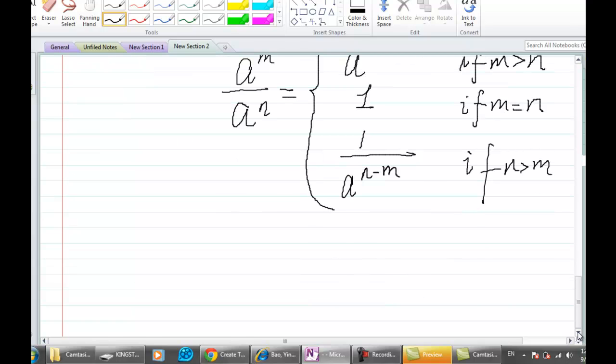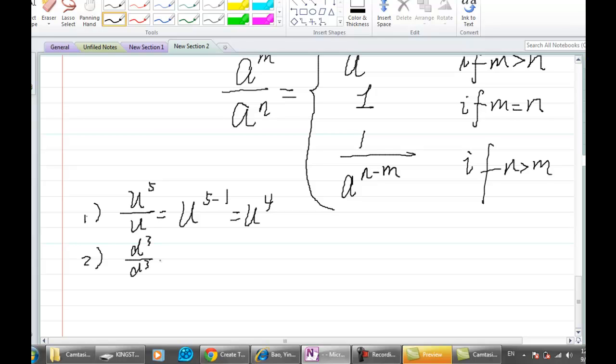So we are going to have the three corresponding examples here. The first is u to the 5th power over u. Since we have 5 larger than 1, by using the first result we can have u to the product 5 minus 1, that is u to the 4th power. And the second example is d cubed over d cubed.